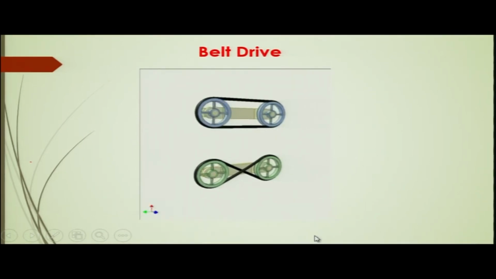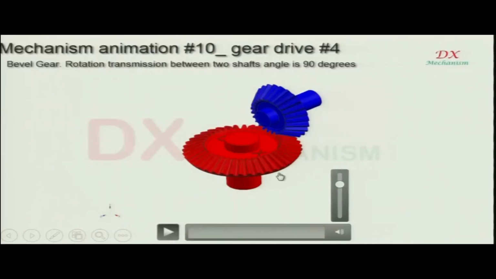So, therefore, the transmission ratio is determined by the ratio of the diameters of these pulleys, input divided by output diameter. Now, the next mechanism for transmitting power is the gear drive. Here you can see that the gears are bevel gears, and the teeth of the bevel gear are cut at an angle. Let us say this is the input shaft on which the smaller gear is mounted, and this is the output shaft where this red bevel gear is mounted.